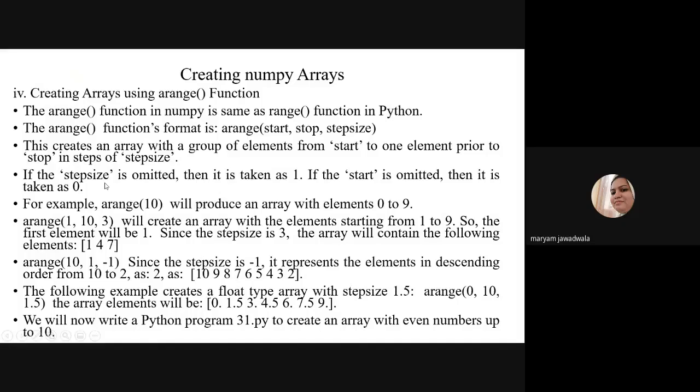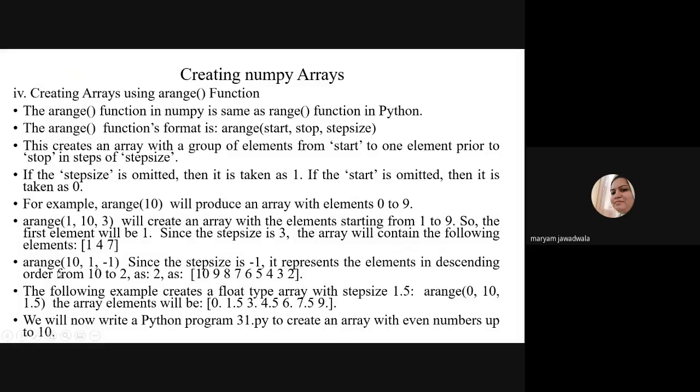So my first element is 1, the second element is 1 plus 3, which is 4, the next element is 4 plus 3, which is 7, and the next is 7 plus 3, which is 10. So 10 is out of range, the last element must be 9, so only 3 elements are in the array: 1, 4, and 7. Hope you understand this.